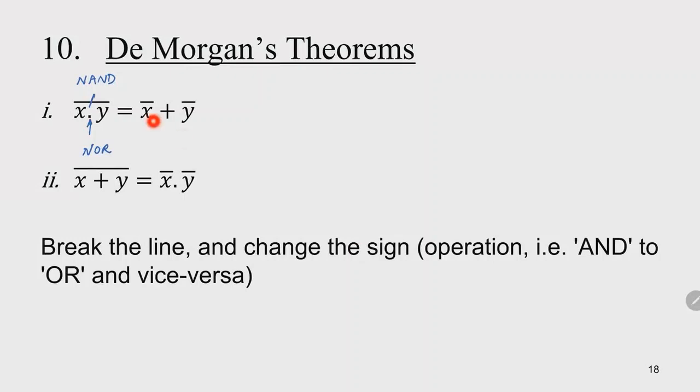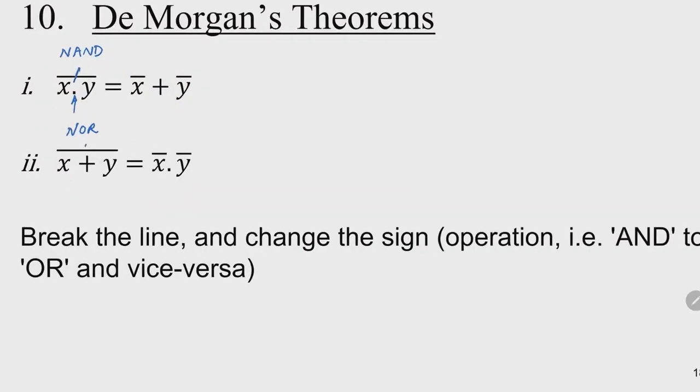So I end up with x with a bar on itself, y with a bar on itself, and the operator changes from AND to OR. Similarly for the second one, I break the bar and then change the operator, so the operator goes from OR to AND.